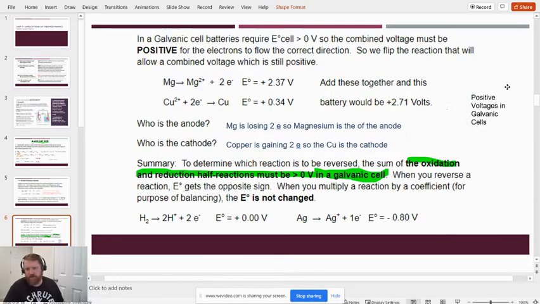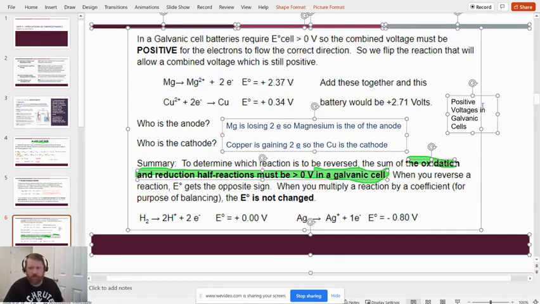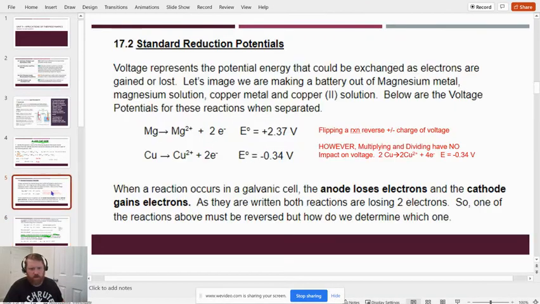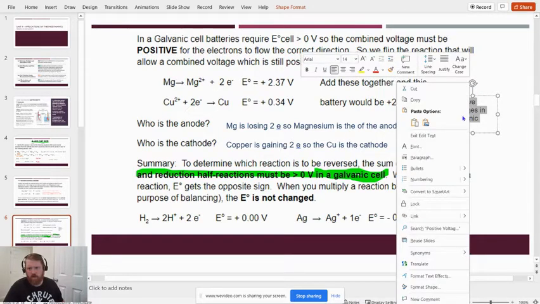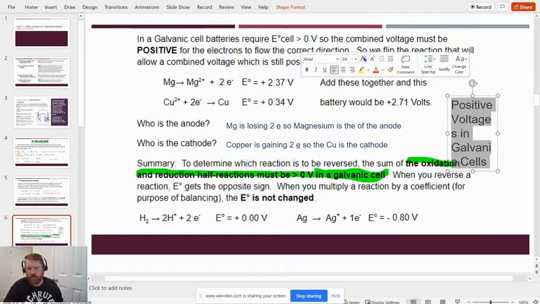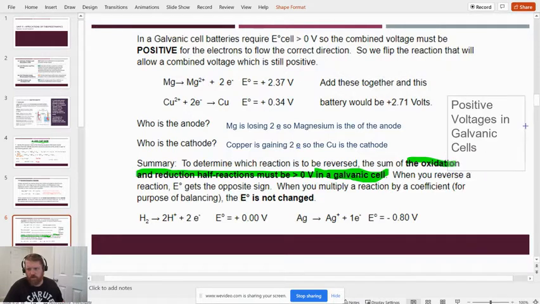So we are looking for positive voltages when we combine them together. Anytime we combine two reactions together, we want to check and see that the combined voltage is positive. We want to make sure that somebody is losing electrons and somebody is gaining electrons.